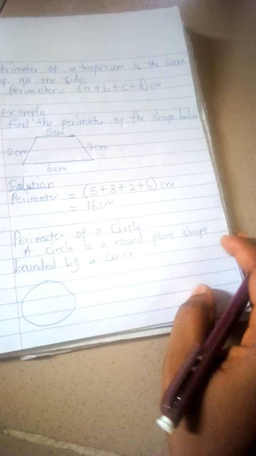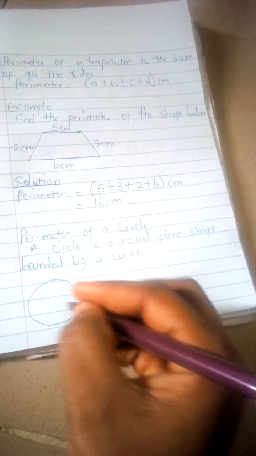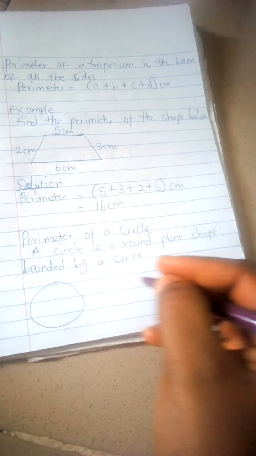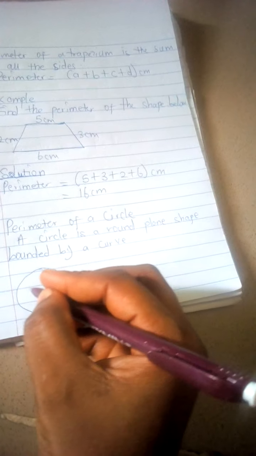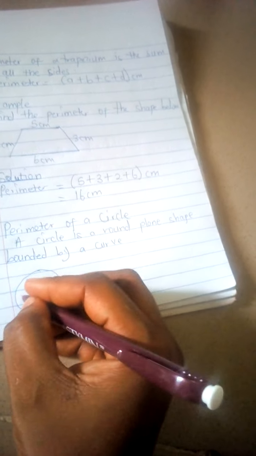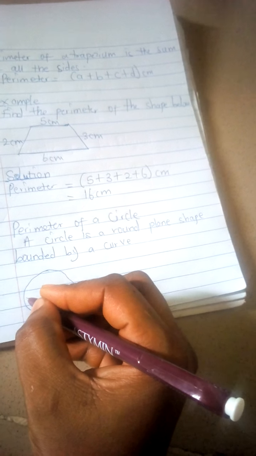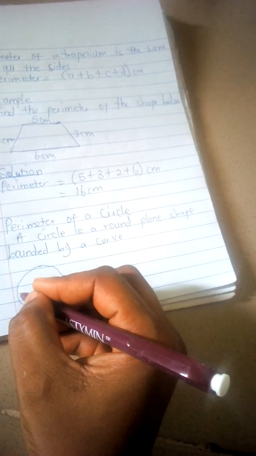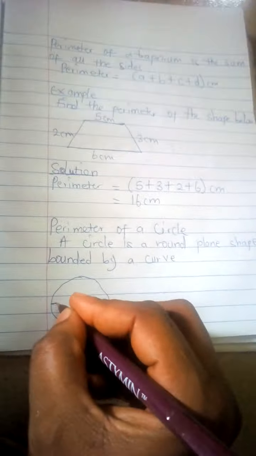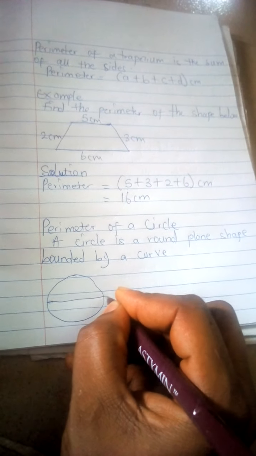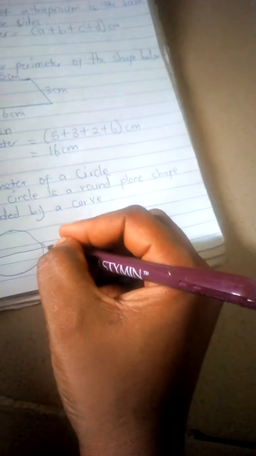Now, for a circle, in the diagram, we have what we call the diameter. Remember yesterday we talked about the diameter of a circle. The diameter is a line that divides the shape into two equal parts. Oh, my book is shifting. This is the diameter.